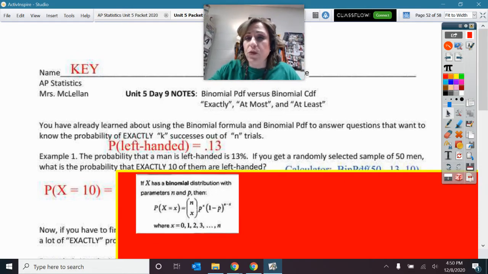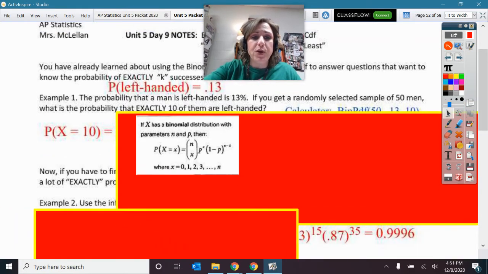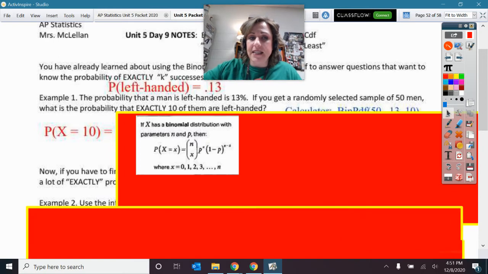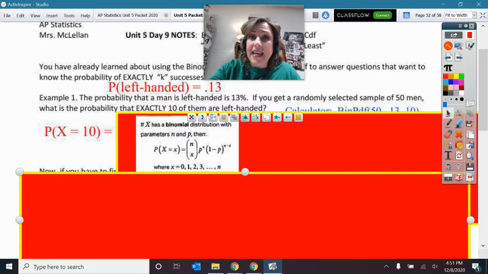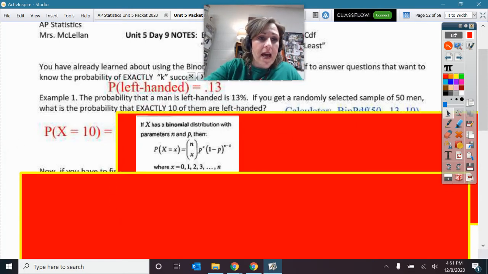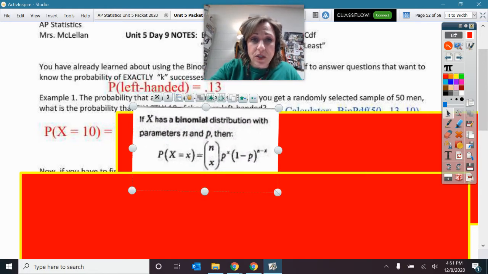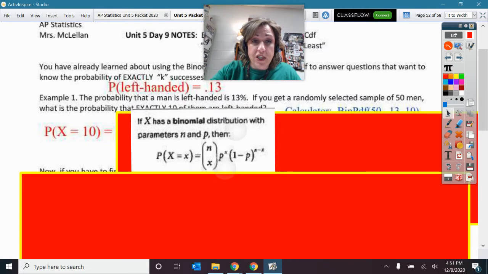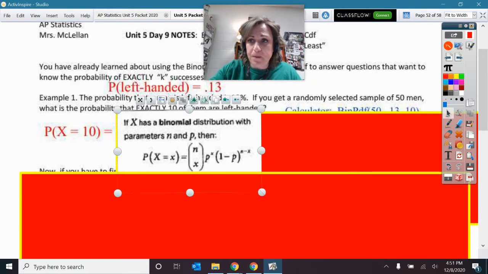All right, so you did that yesterday. So let's see you put that into play and work through that one. Exactly 10. Now I have this formula here for you so that you can see, and maybe then you can go ahead and work that out. Remember we want to show the work besides just putting it in our calculator.